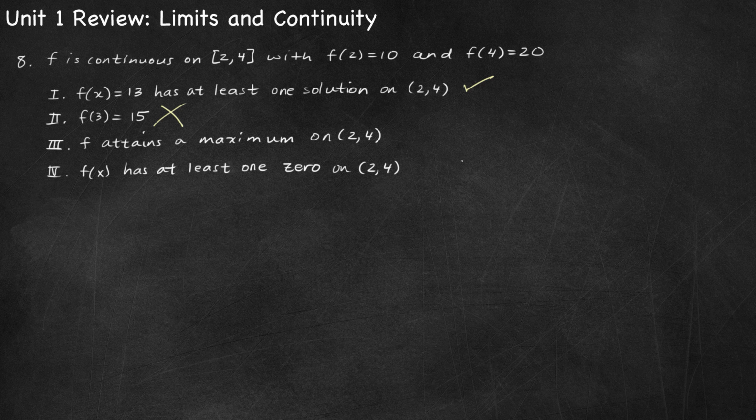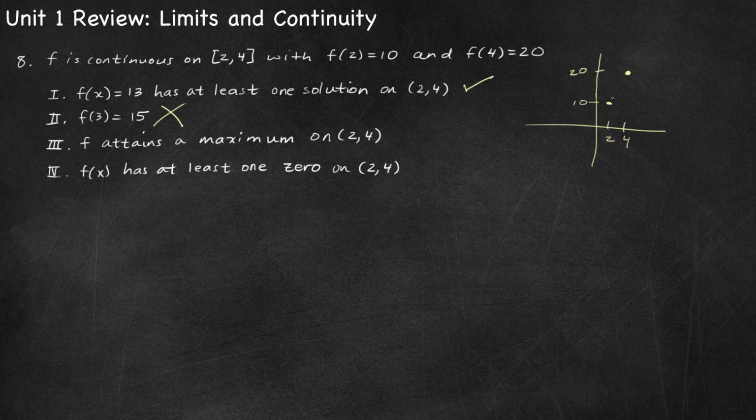Statement 3, f attains a maximum somewhere on the interval from 2 to 4. That's not guaranteed either. If we do a quick sketch here of our function, we've got f of 2 equals 10. Okay, so we'll call that 2 and 10. And then f of 4 equals 20. We'll call that 20.